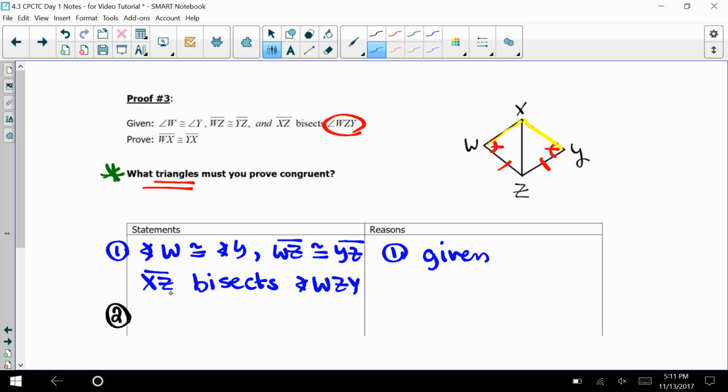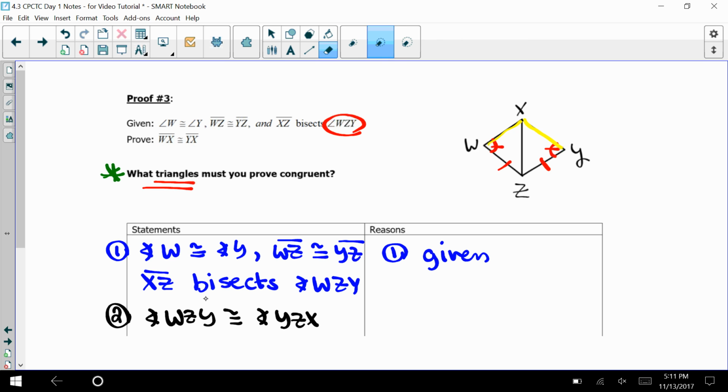So from your given, we know that angle WZX is congruent to angle YZX. So we have this angle here.